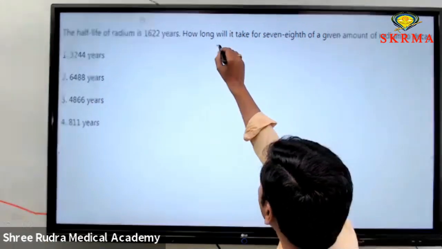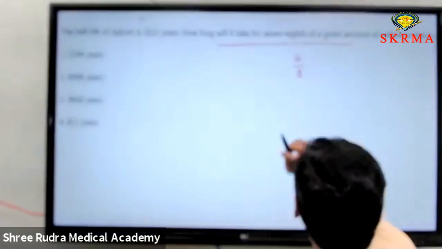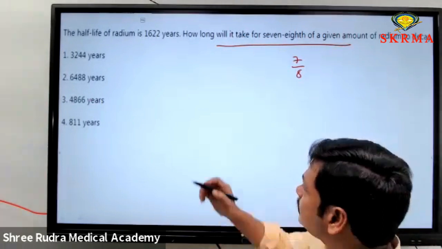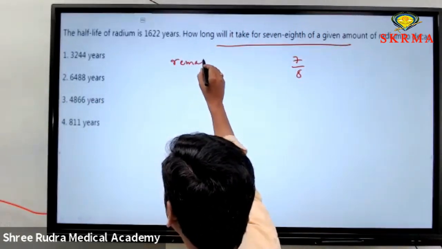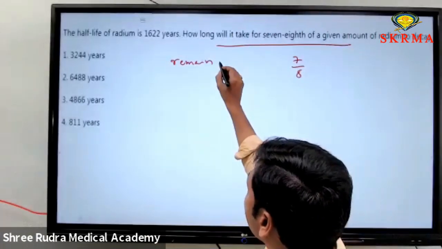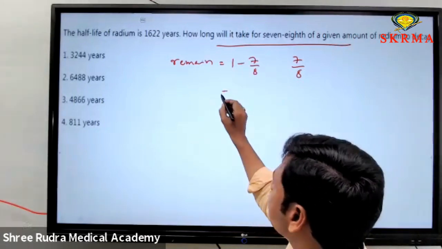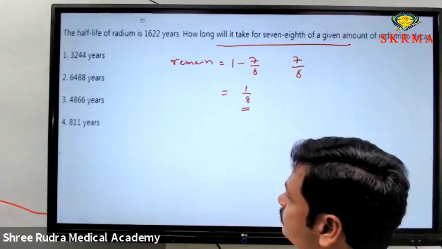Here, 7 by 8 part of the amount decays, so the remaining number of nuclei matters, because we have only that term in the formula. The remaining is 1 minus 7 by 8, which is 1 by 8. This is the number of nuclei left.